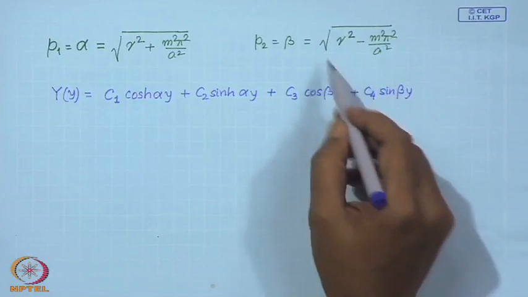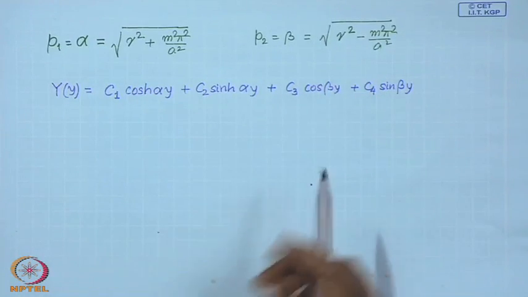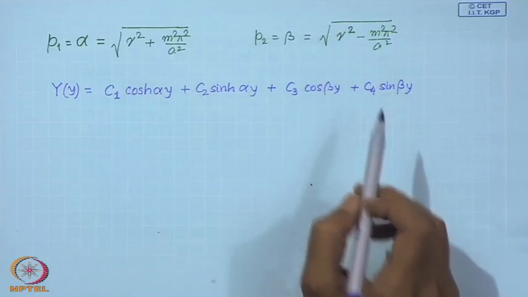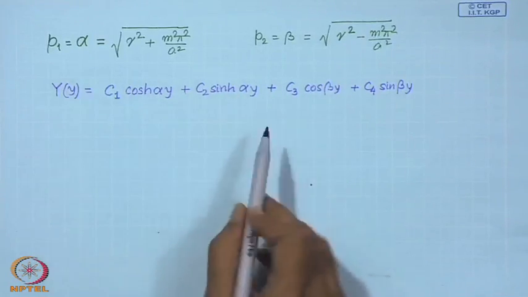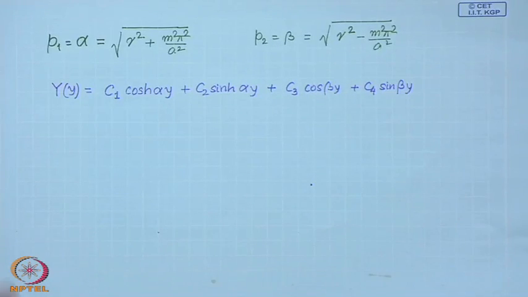Because of this definition of beta, you have both real and imaginary solutions for P, and by defining P2 in this form, I can write this in terms of trigonometric functions.